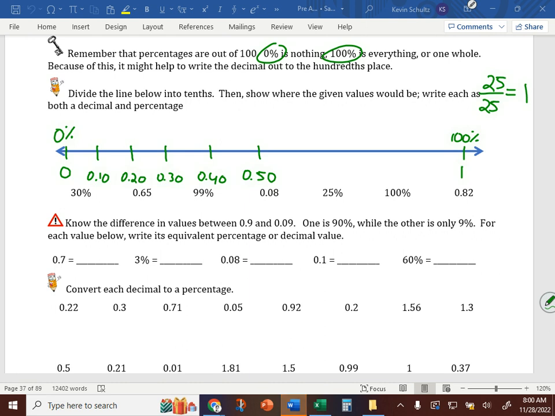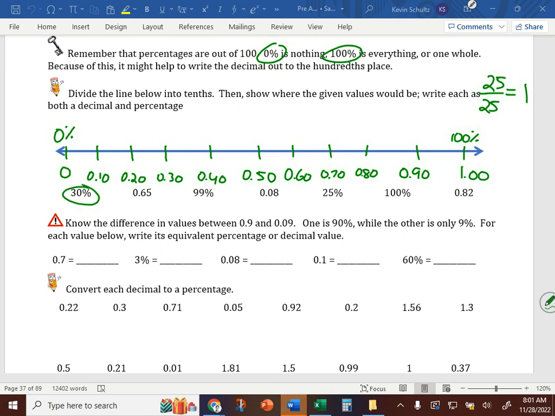And now the second half of it, 0.6, 0.7, 0.8, 0.9, and then 1 whole. So 0.60, 0.70, 0.80, 0.90, and then 1, which if you want to write it as 1.00, you can do that, right? There's that kind of 100 that pops up there.